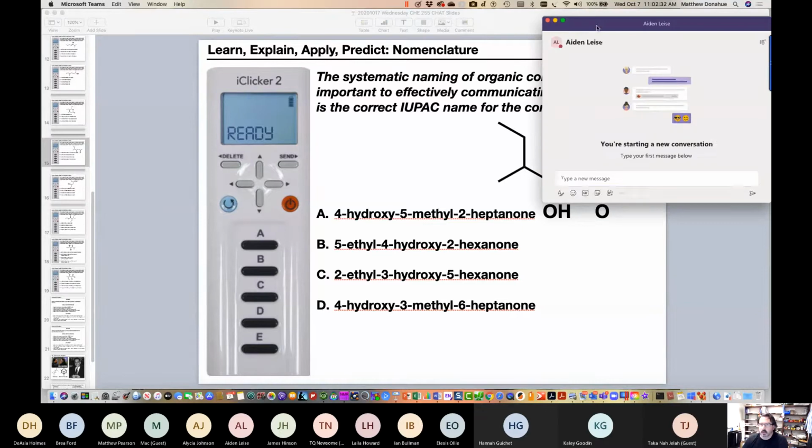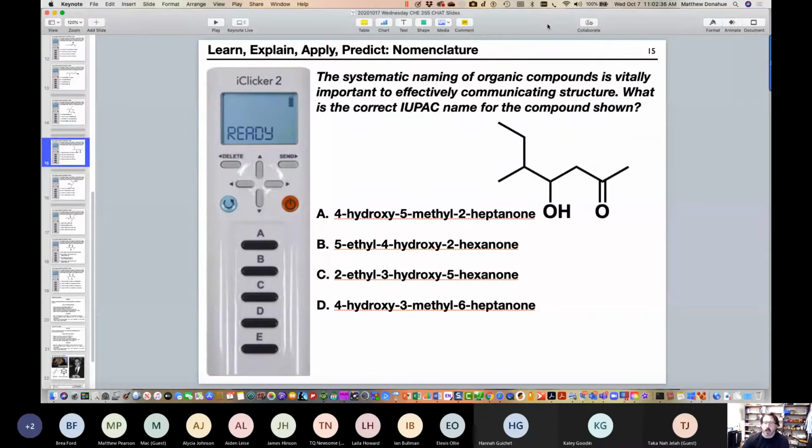We can use that information to figure out what the parent is, and from our first step of nomenclature, after we count the longest chain, we can modify that name to the major functional group, giving it the parent suffix. So first things first, how long is the longest carbon chain?